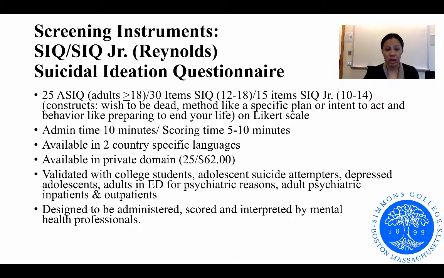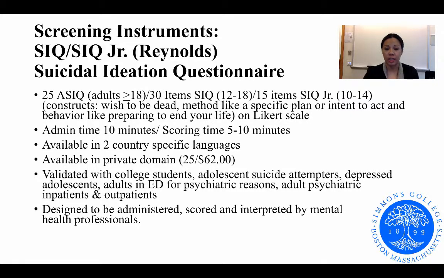So the first adaptation is the 25-item ASIQ, which is for adults equal to or greater than 18 years old. The 30-item version of the SIQ is for ages 12 to 18, and then there's a 15-item adaptation for youth ages 10 to 14.